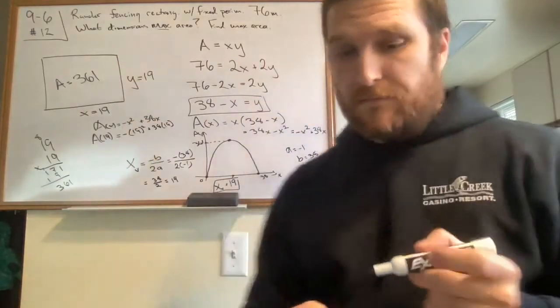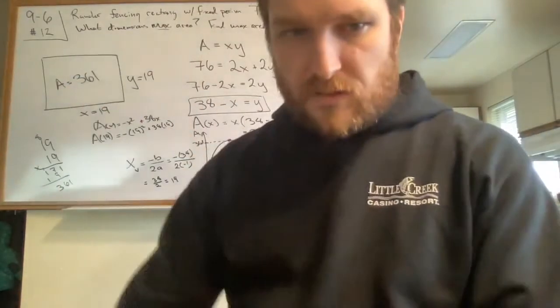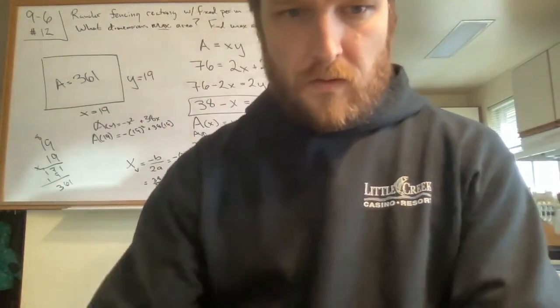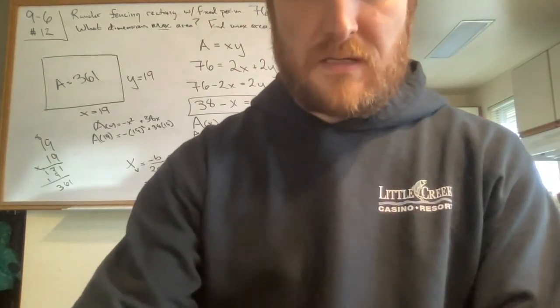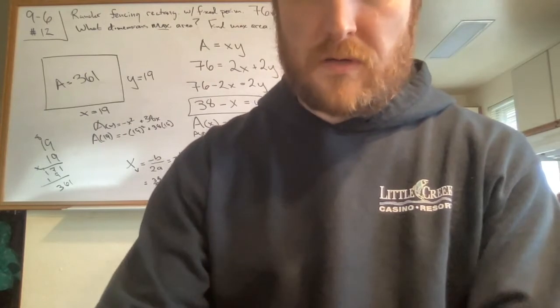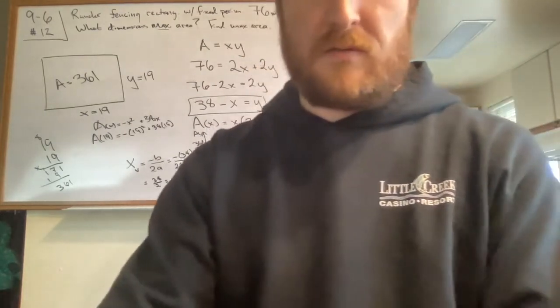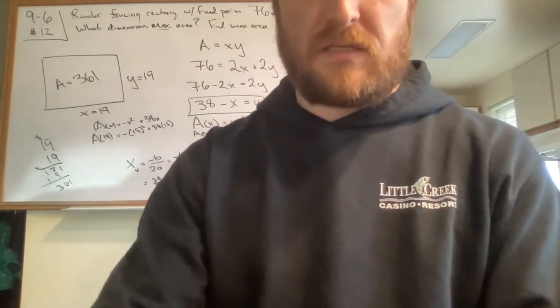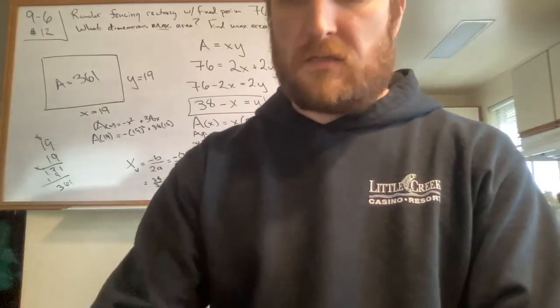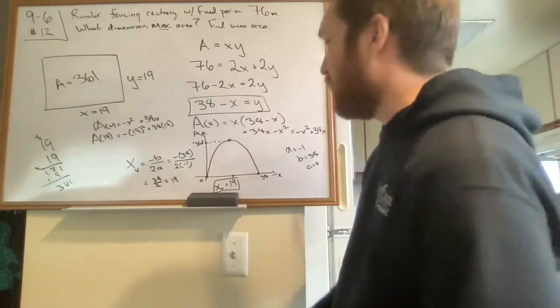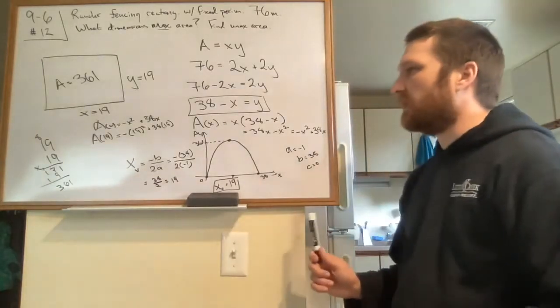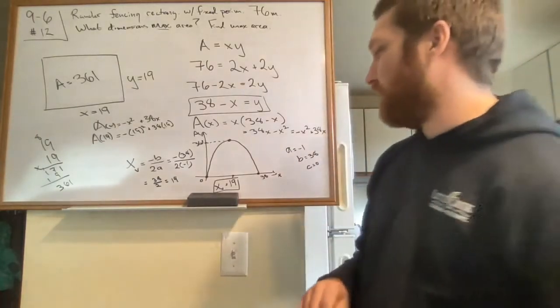I guarantee you it's going to come out right, but let's just double check it. So we have negative 19 squared plus 38 times 19, 361. Okay, so no matter how you want to do it from there, you're going to end up with 361.